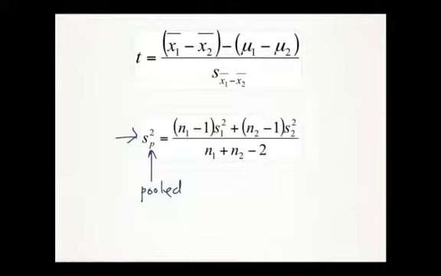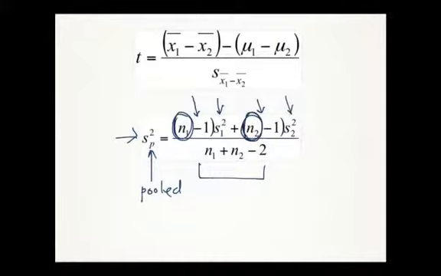So how do we calculate that? We take the number in the first group, subtract 1, multiply by the variance in the first group, plus the number in the second group, subtract 1, times the variance in the second group, divide by the total sample minus 2, okay? You can see why we do this, because if the number we have in group 1, N1, is much different from the number we have in N2, we want to weight those accordingly, okay?